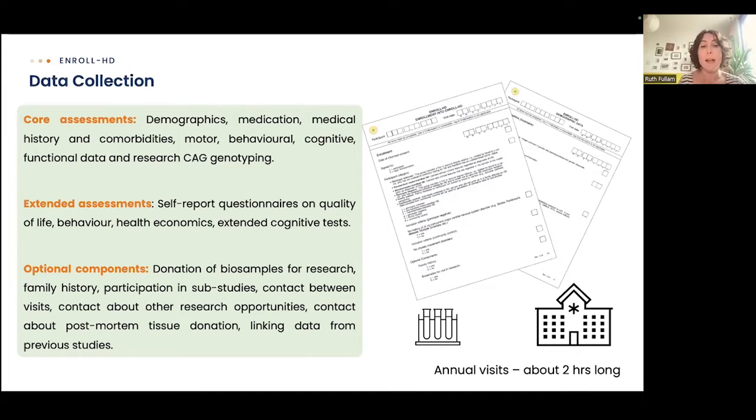This is things like collection of family history information or donation of additional blood samples so that we can use them for research purposes. And the average of the current Enroll visits is about 2 hours long.